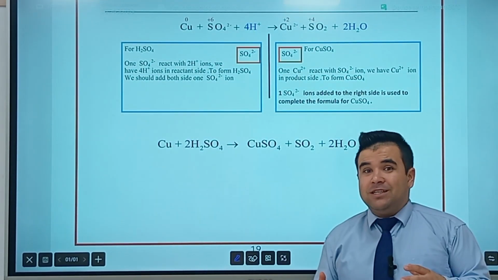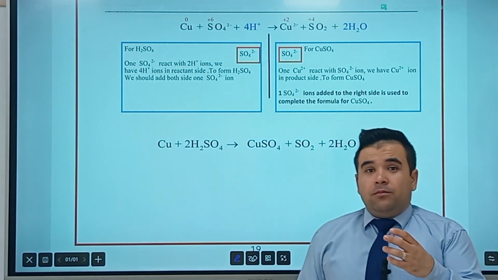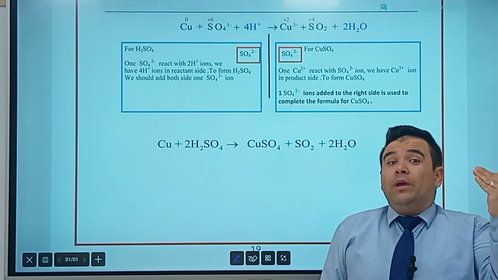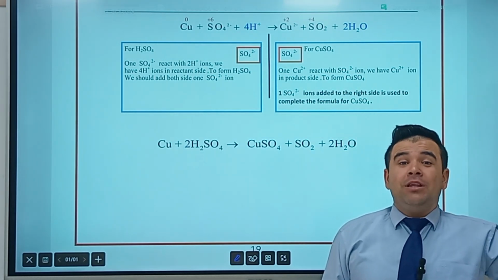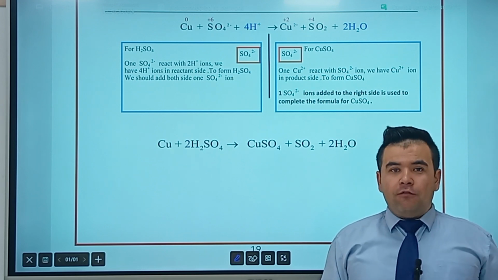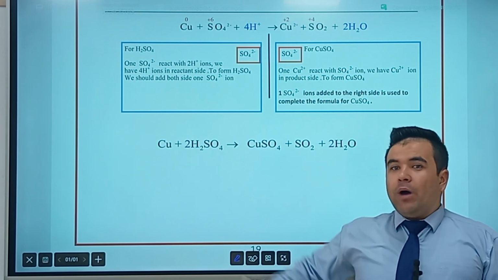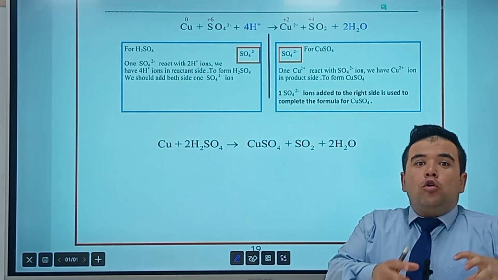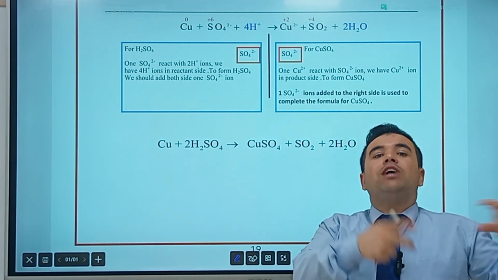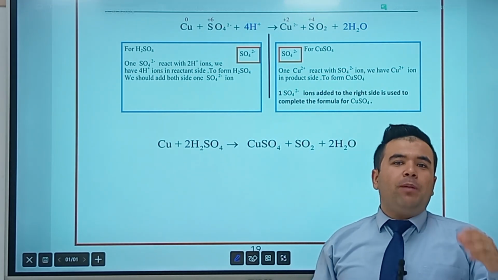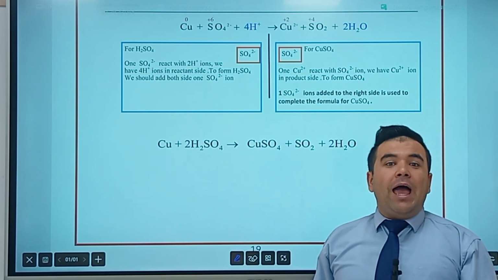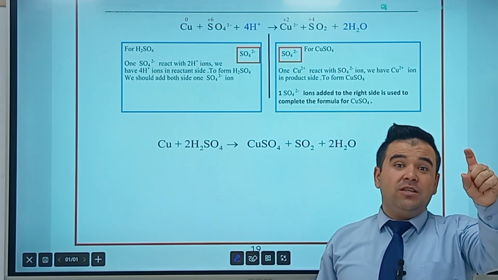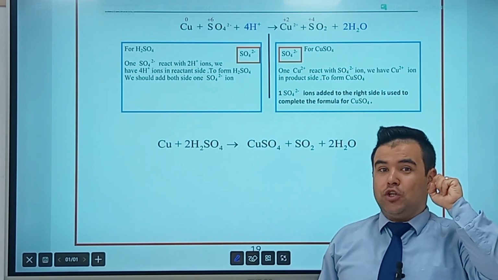There will be questions in the exam, guys, asking which of the following is the balanced oxidation half, or which of the following is the balanced reduction half. It's not required to balance the whole formula equation till the end. It requires balancing only the reduction half.